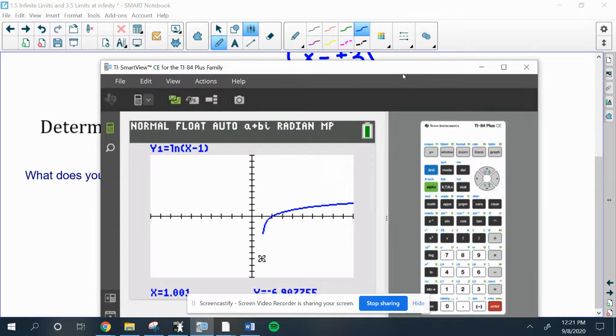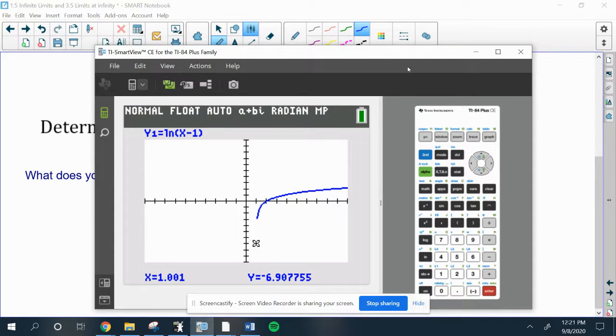And that gave me negative 6.9. So that doesn't seem like a big number. I'm going to get closer. Let's try 1.000001. Now it's negative 18. So it's still not a huge negative number, but it is getting larger. Get closer.